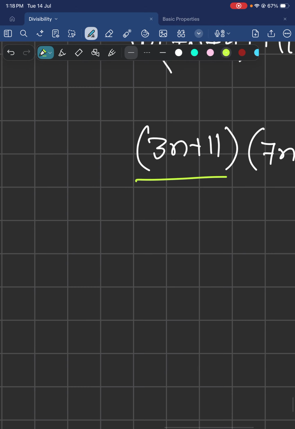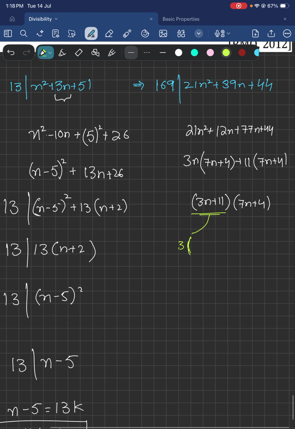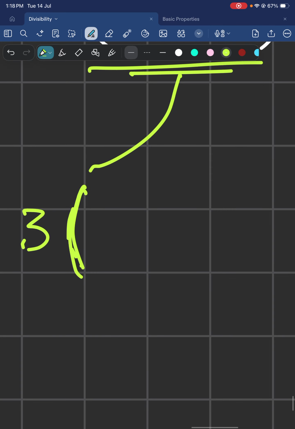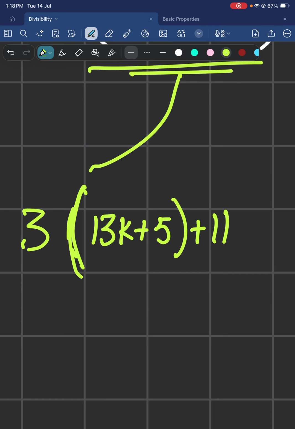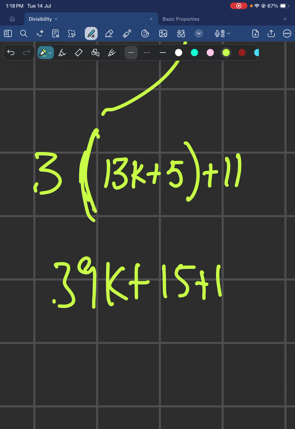So looking at just this, let's plug in the value of n. It was 13k plus 5, and then we have got plus 11. So it becomes 13 times 3 is 39k, and then you have got 15 plus 11.